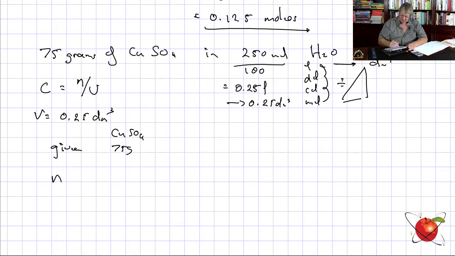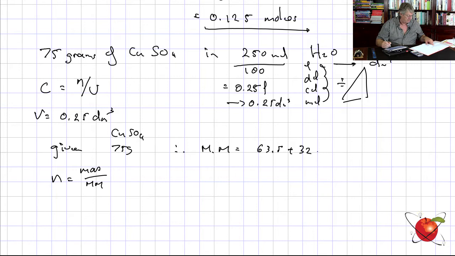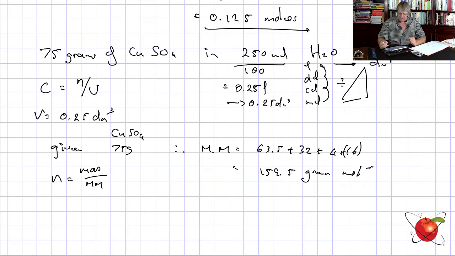Therefore, n, number of moles, is mass given over M. Remember the one above, we have to work out M. The molar mass of copper sulfate is 63.5 for the copper, plus the sulfur is 32, plus 4 times 16, which gives us 159.5 grams per mole.